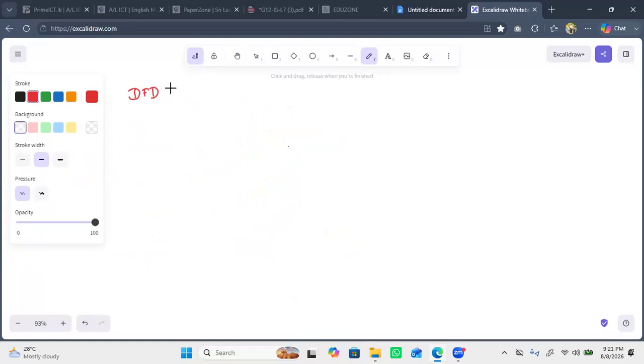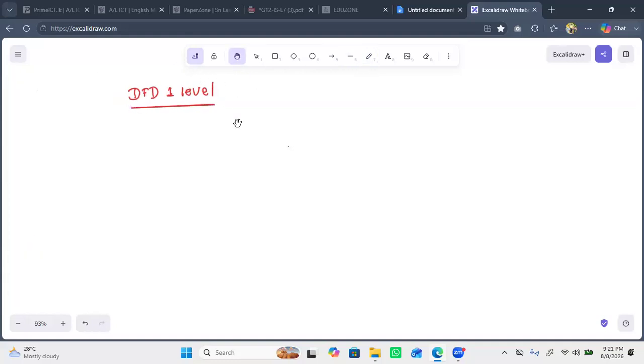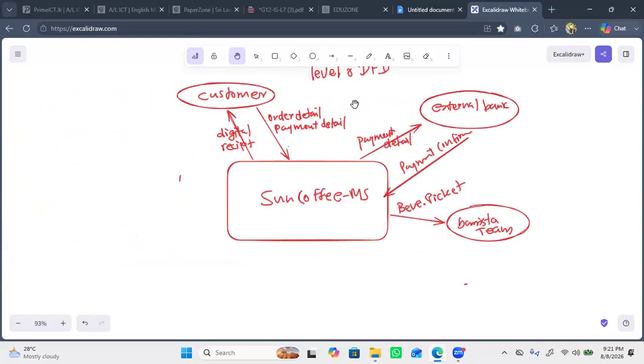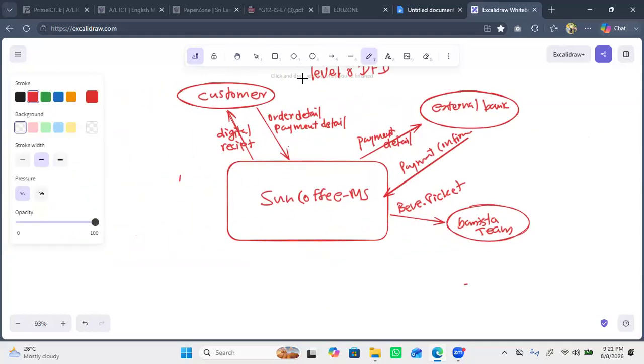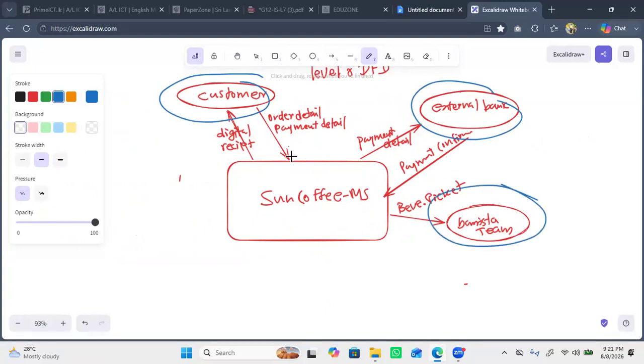Okay, level 1 DFD. First level. Let's see how you are going to get this diagram. A level 1 DFD diagram means the expansion of this system. Now, in this system, you saw customers, external environments, all the external entities dealing with the system.